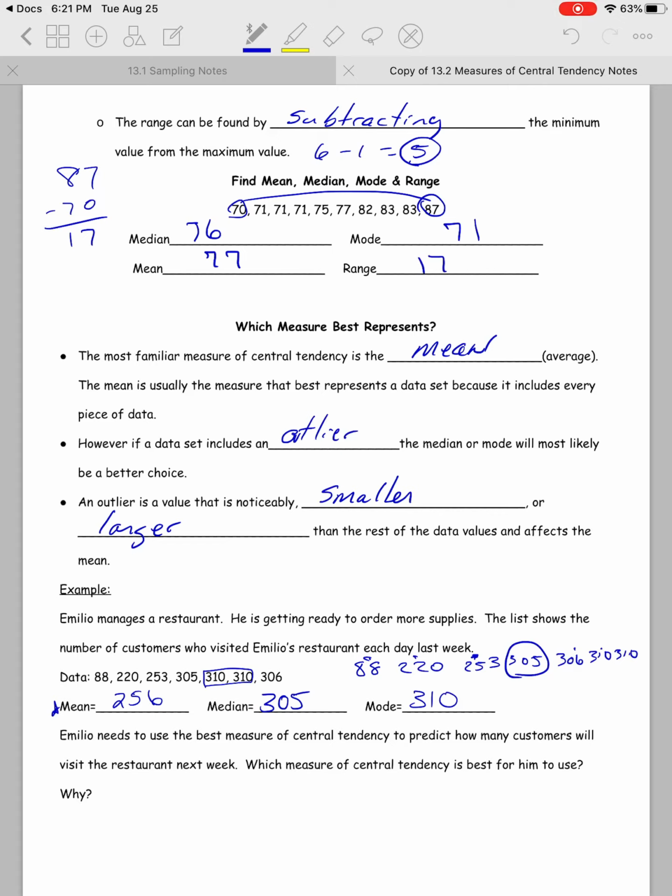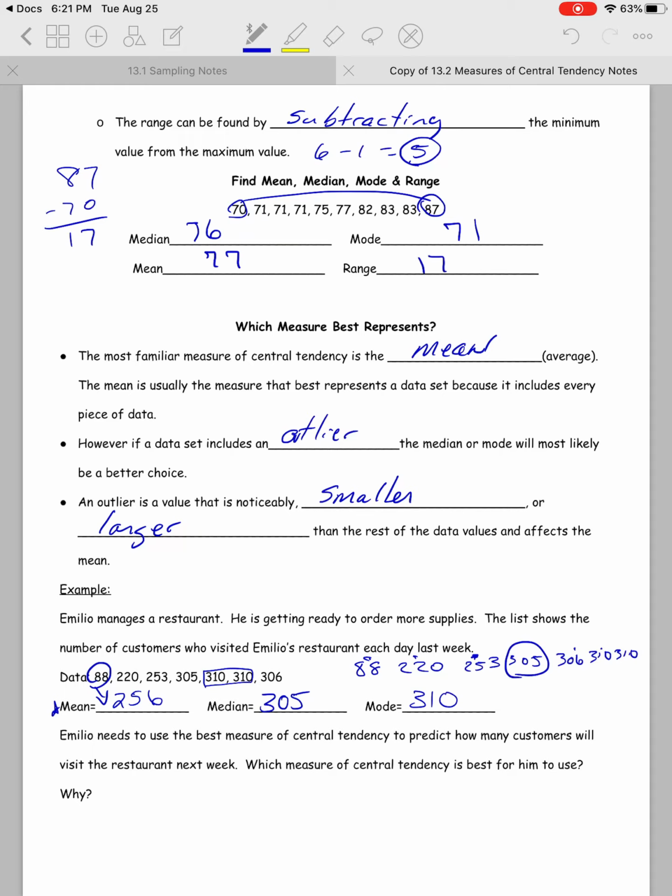Emilio needs to use the best measure of central tendency to predict how many customers visit the restaurant next week. Which measure of central tendency is best for him to use? We really cannot use the mean because this outlier value of 88 brings the average down. Why would we have 88? When you think about it, if you got 7 days in a week, maybe 88 occurred on, say, Sunday.